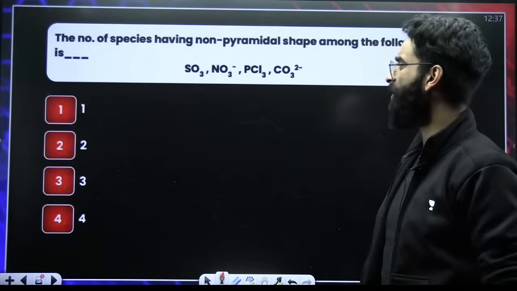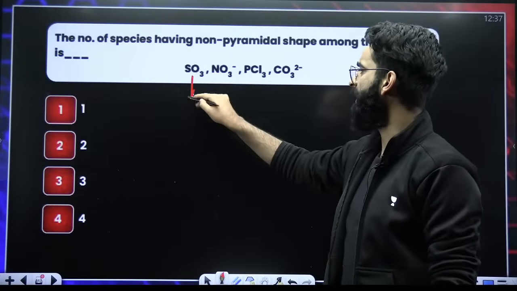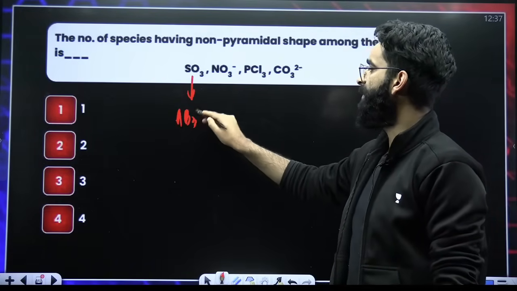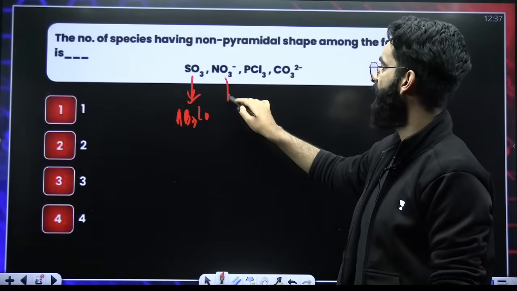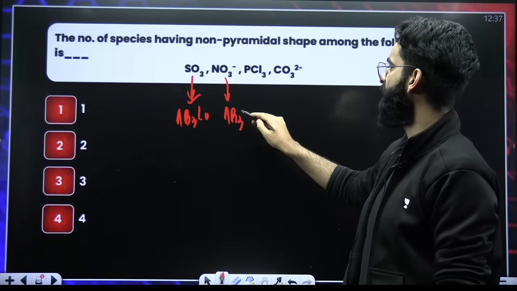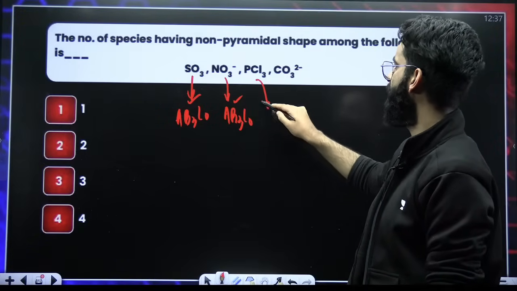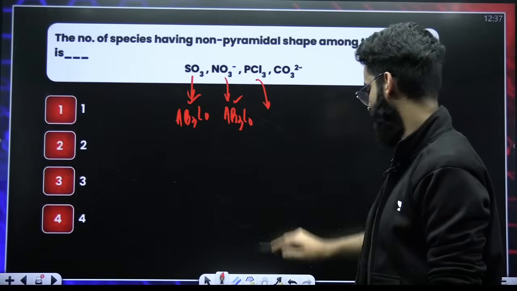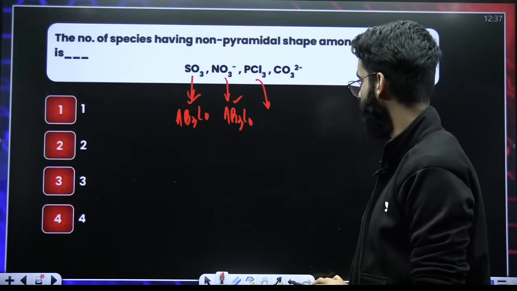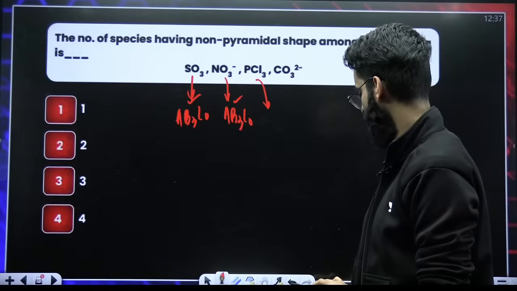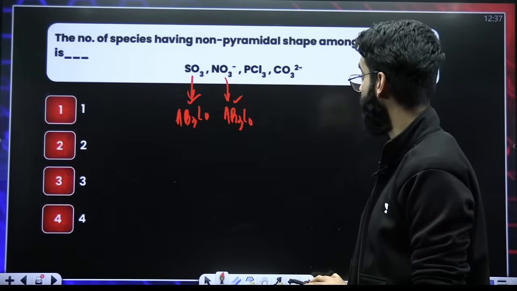Non-pyramidal, the ones which are not pyramidal. SO3, AB3L0, it is non-pyramidal. NO3 negative, AB3L0, non-pyramidal.